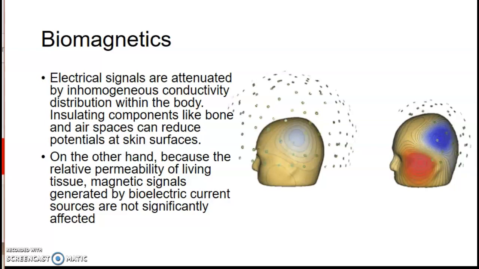On the other hand, because of the low permeability of living tissue, the magnetic signals generated by these bioelectric currents are not significantly affected. So these are more easily measured, so to say. Now, that's not to say they're perfect. There are some problems with them, as we will talk about a little later on, but because they do have a somewhat measurable magnetic field, that's what we're going to talk about now.